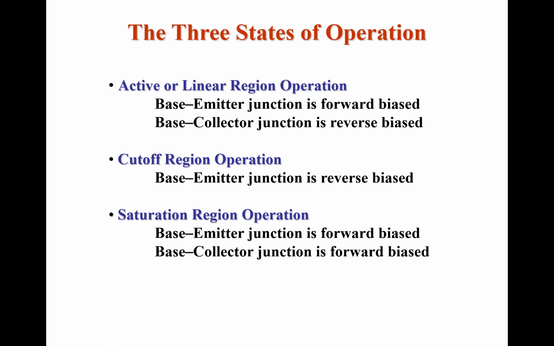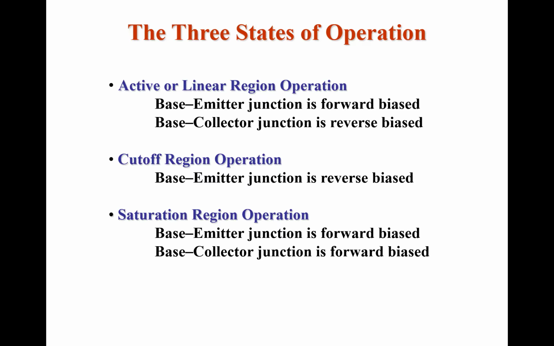In the active region, the base emitter junction is forward biased, that is, the input junction is forward biased and the output junction is reverse biased. In the cutoff region, the base emitter junction is reverse biased; it is the region where the base current is below the zero level.